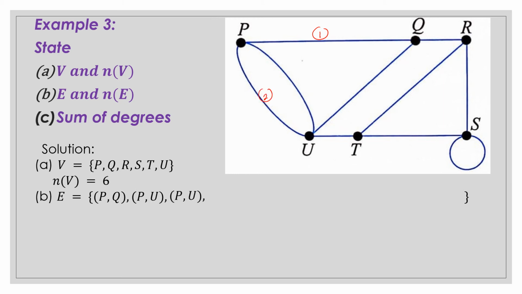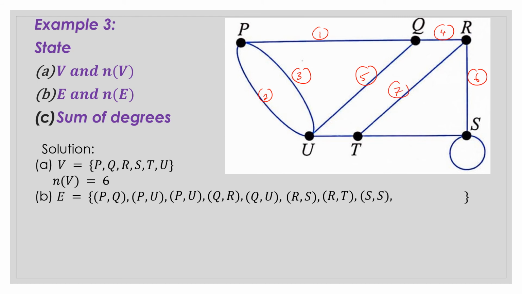The third one is also PU because there are multiple edges. The fourth one is QR. The fifth is QU. And number 6 is RS. And number 7, RT. Number 8 is SS, and this is a loop. And number 9 is ST. Number 10 is UT, and the arrangement is not important.